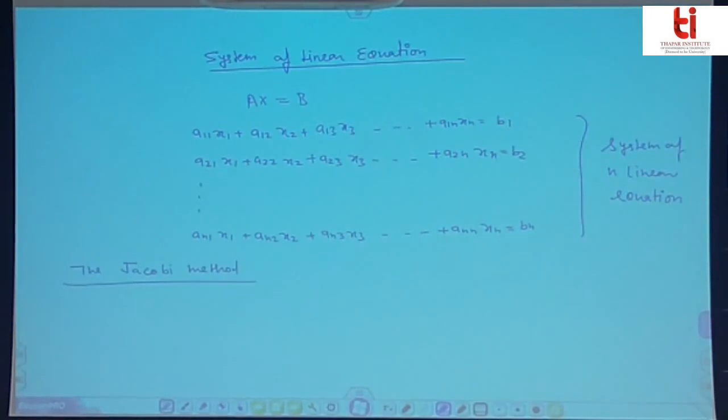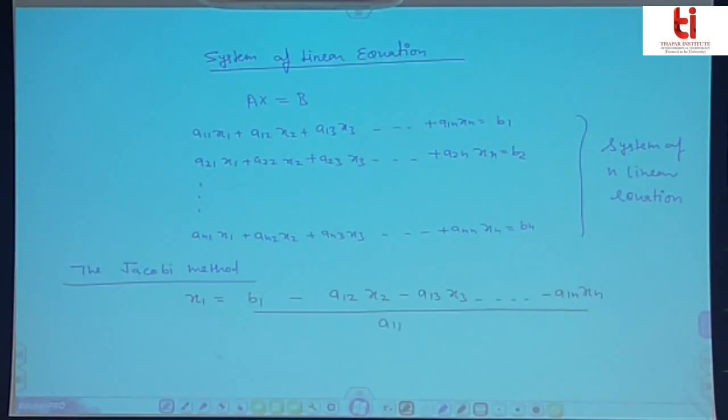We write the first equation as x1 equal to b1 minus a12 x2 minus a13 x3 and so on, minus a1n xn, and then we divide it by a11.